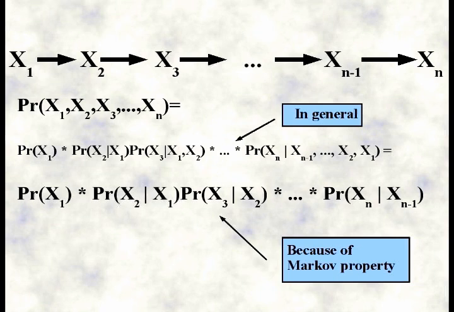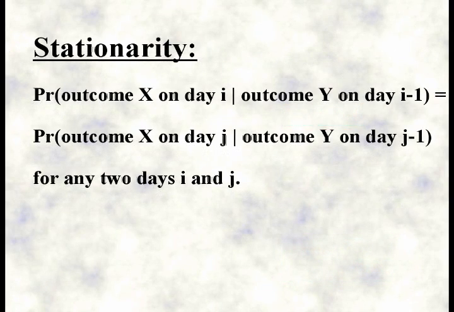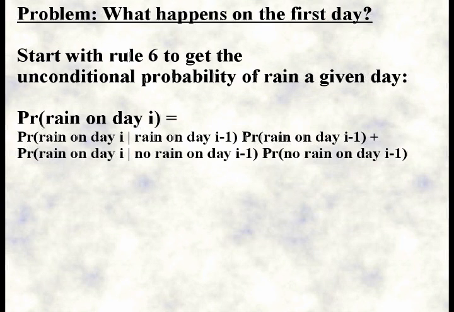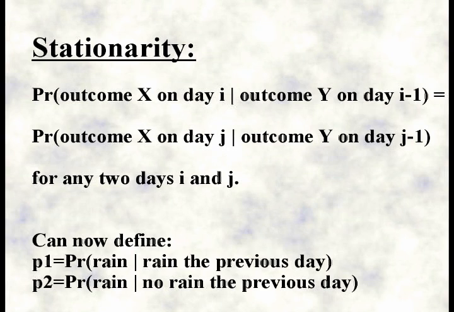As I said, I still want to consider repeatability, so I'm assuming that the probability of rain given rain the previous day is the same for all days, which is called stationarity in Markov chain language. I can now label the probability of rain given rain previously P1 and the probability for rain when it didn't rain the previous day, P2.